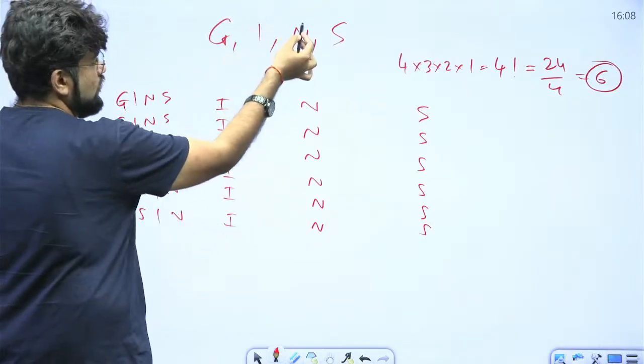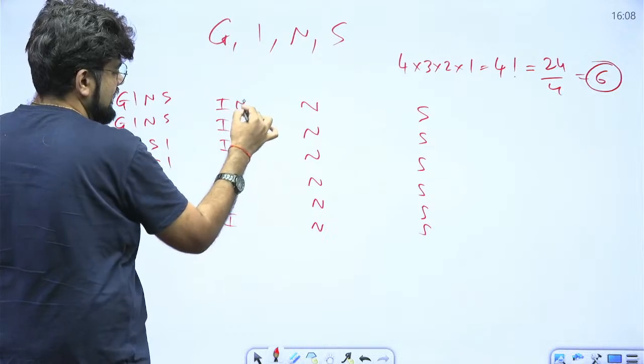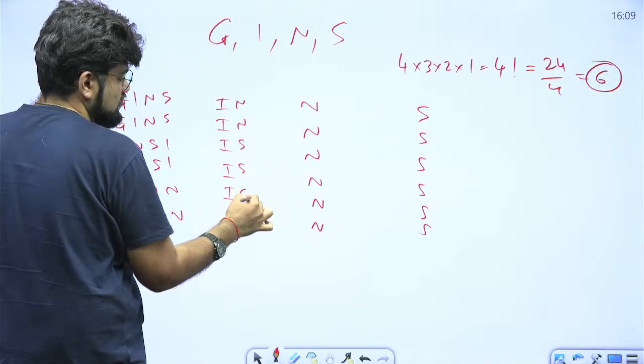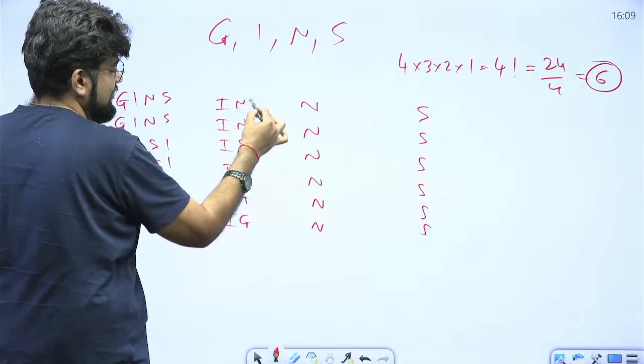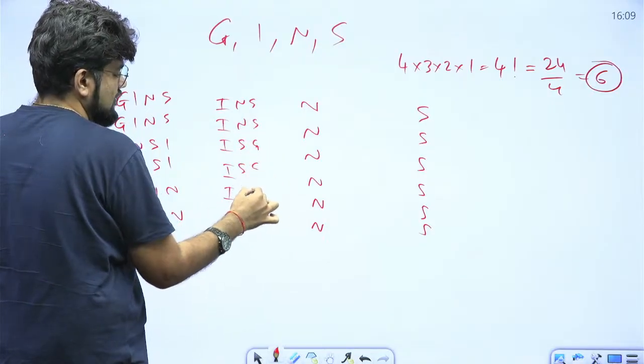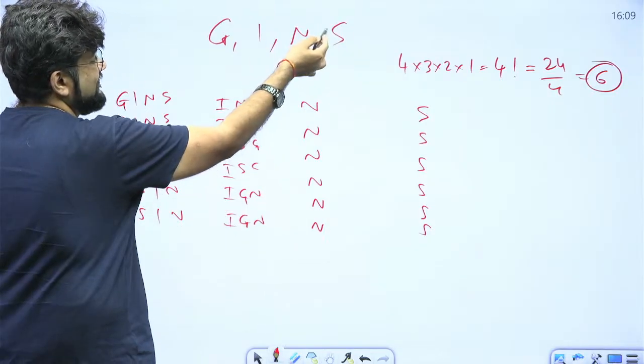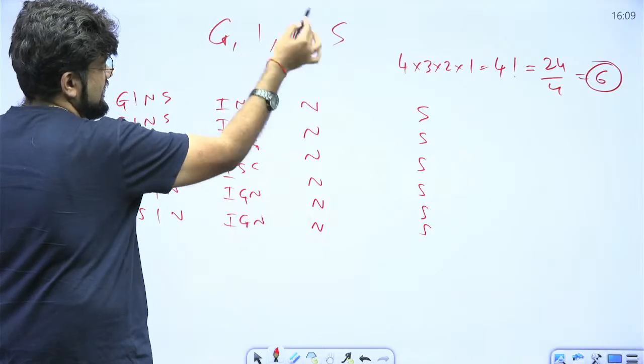Next we have I, so we'll go with N, S, G. Now leave N, start from S: S, G, N. Now leave S, we have G, N, S.